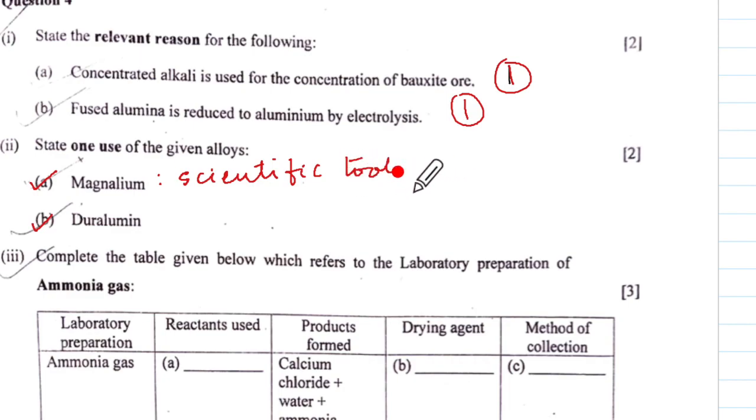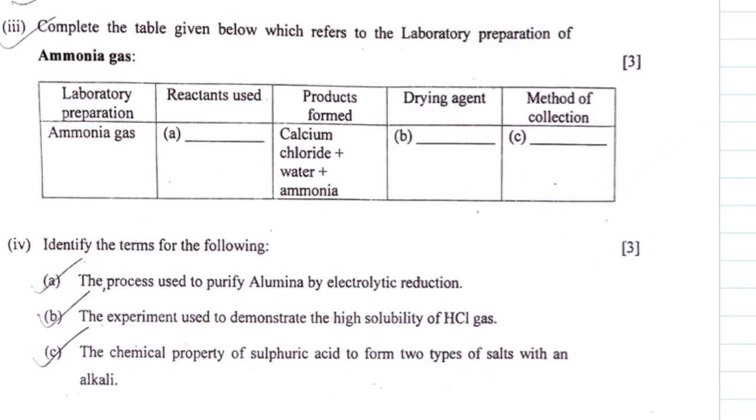You can write this or you can take any other use from your textbook. And where is duralumin used? That's right, it is used in aircrafts, right? So you write that and that will give you your 1 mark each, and that's how you get your full marks.